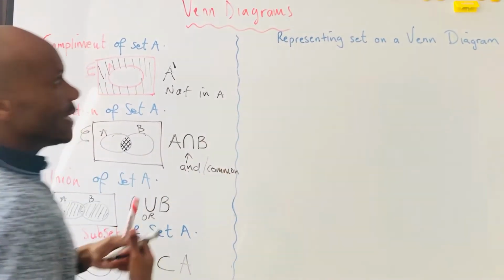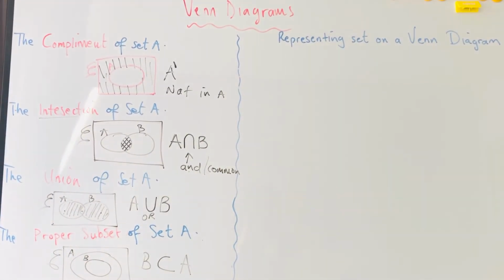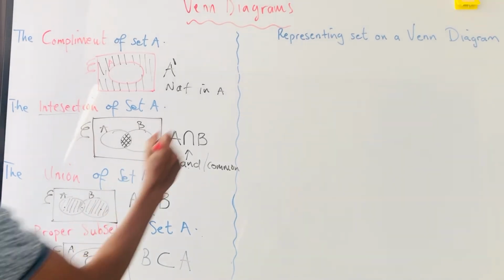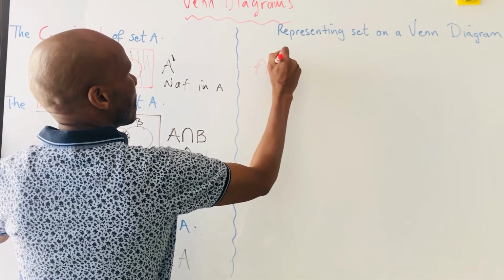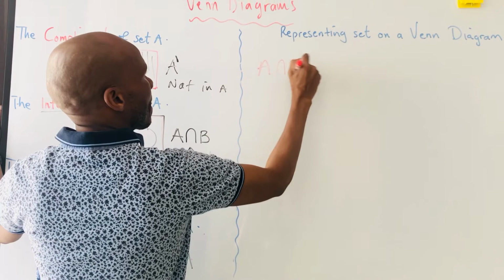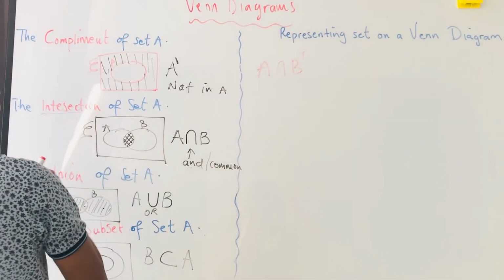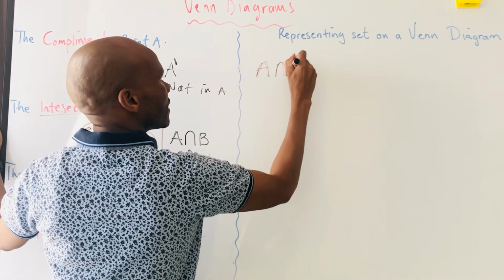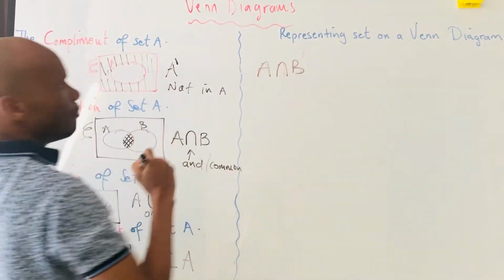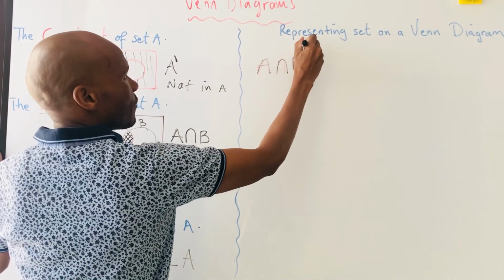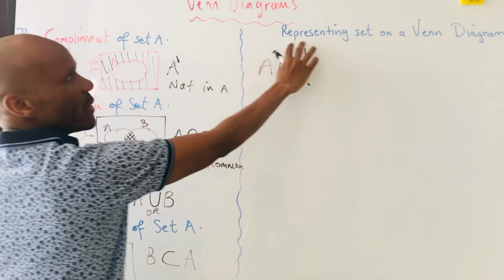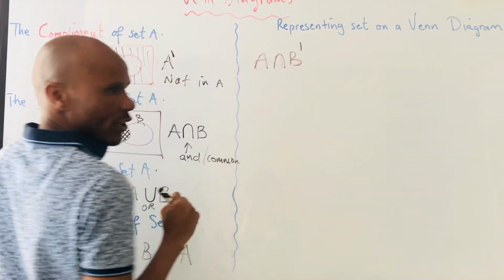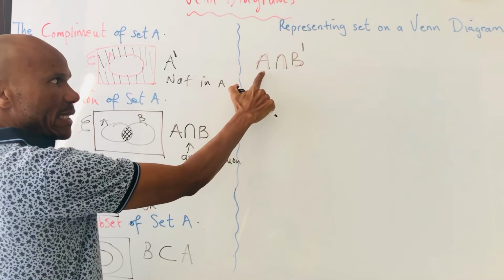So let's have A intersection B prime. How can we represent this on a Venn diagram? Listen carefully.